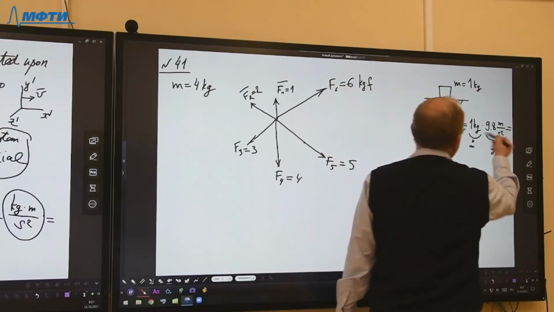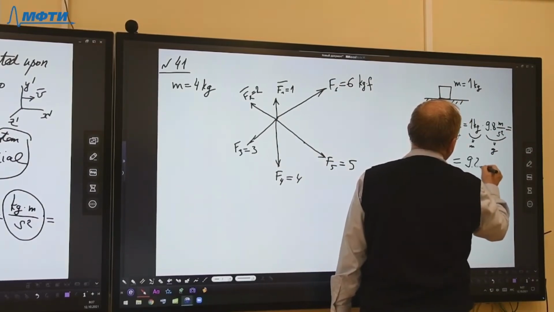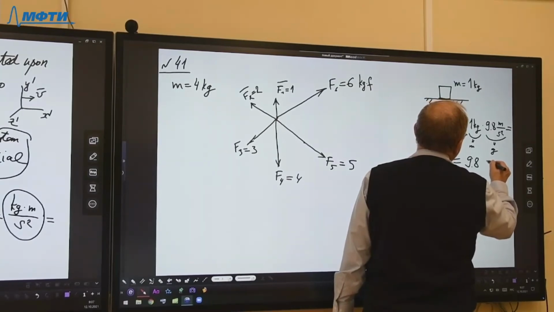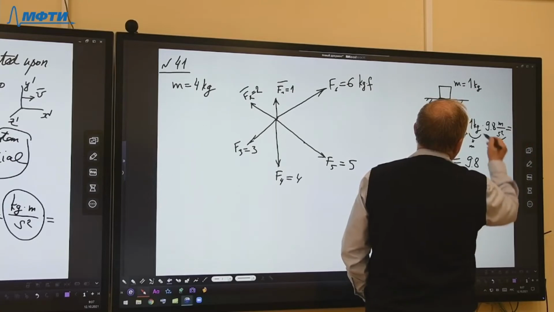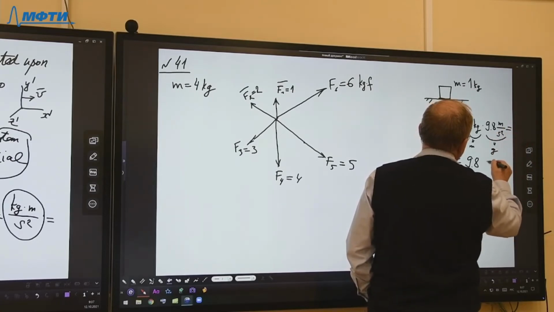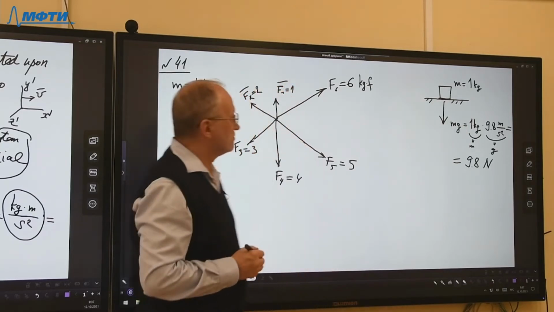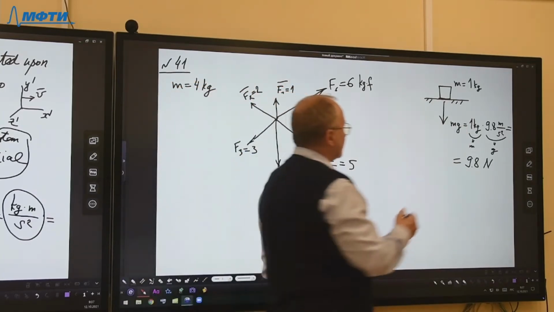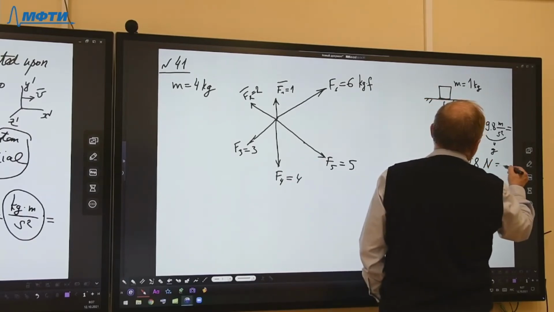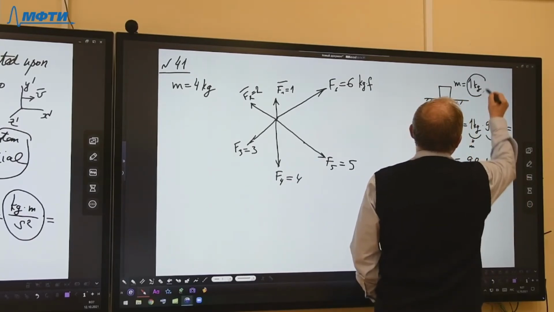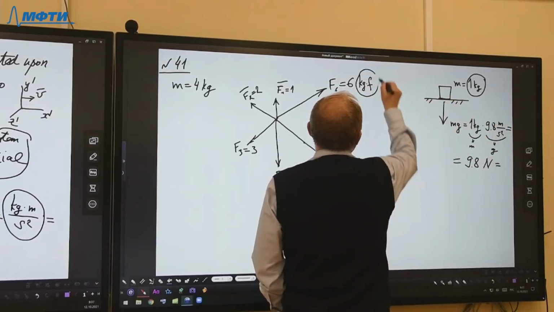So if we take into account these figures, we obtain 9.8 kilograms times meters per second squared. That is newtons: 9.8 newtons. And that force is denoted by 1 kilogram force, or 1 kilo.